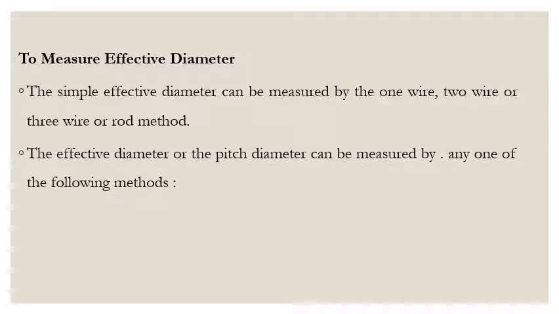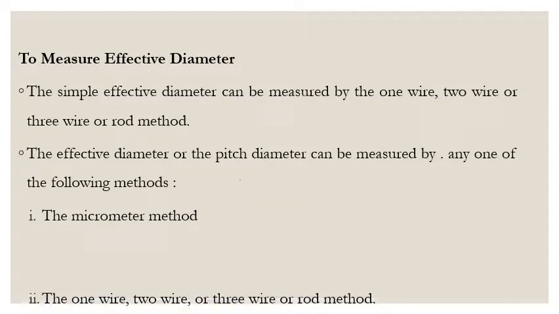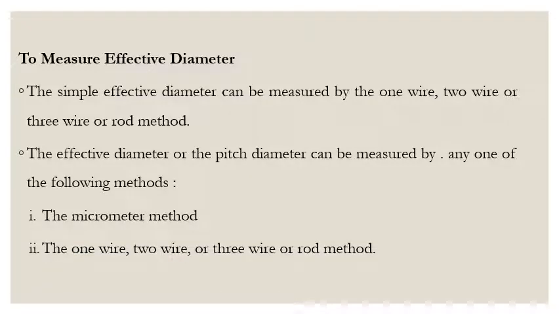The effective diameter, also called the pitch diameter, can generally be measured by any one of the following methods: the micrometer method, or the one wire, two wire or three wire method. With the floating carriage micrometer, we generally employ the two wire or three wire method. The micrometer method is also employed, but the two wire and three wire methods are relatively more accurate.